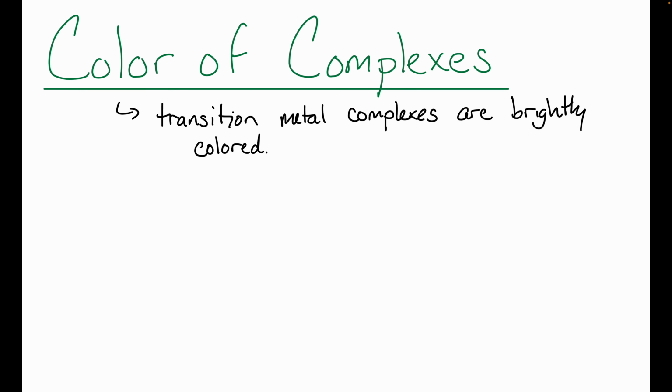All right, so before we can scratch the surface of why our transition metal complexes have color, we first have to address the elephant in the room here, which is what the heck is color?